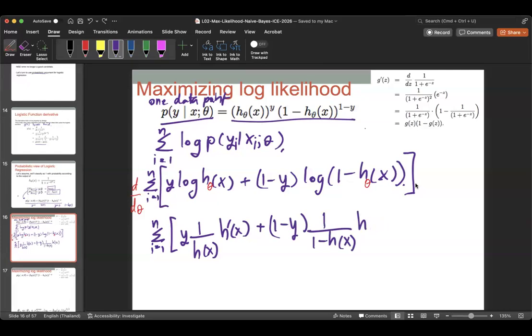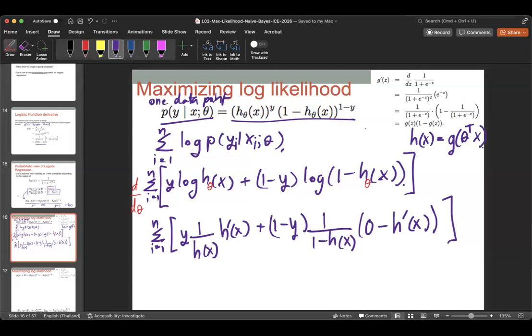Let's be explicit. What is h? h is g of this.